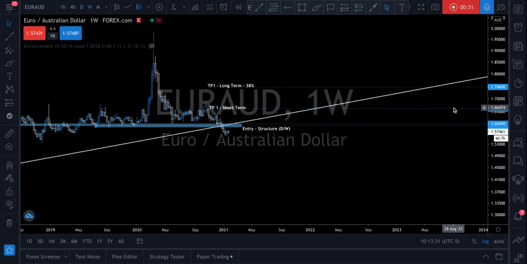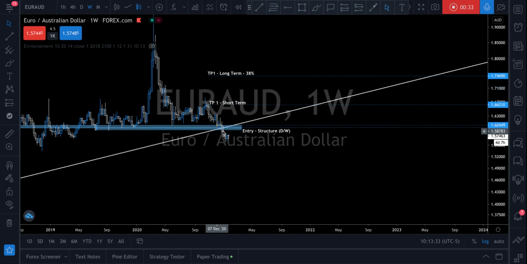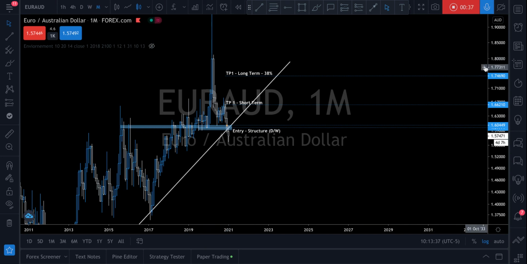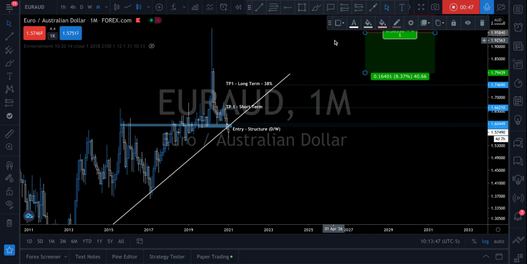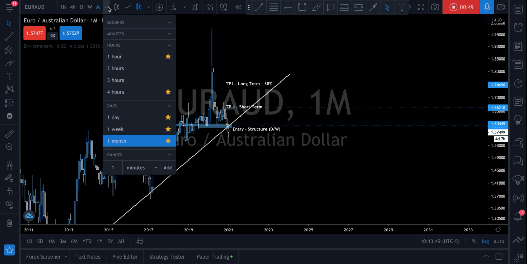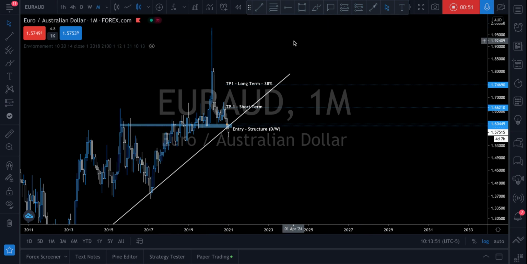So on the monthly, we saw that we broke past this trend line and this area of structure. So because of that, let's go back to this monthly time frame. It's a little bit challenging because we don't necessarily have the weekly or yearly time frames, but actually we do. No, we don't.